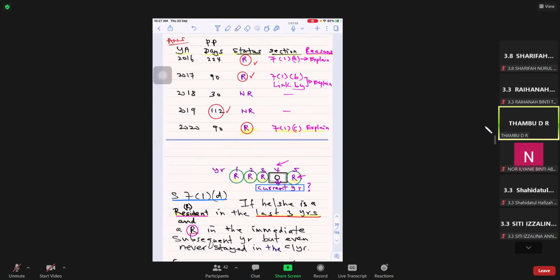Okay. Look at this one here. This one is 7(1)(d). How does 7(1)(d) work? 7(1)(d) works this way. Even if you don't stay in the current year. Let's call this current year. Even if you don't stay there at all.